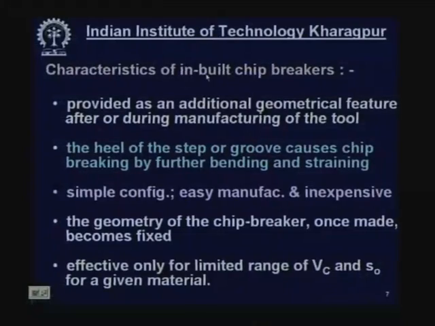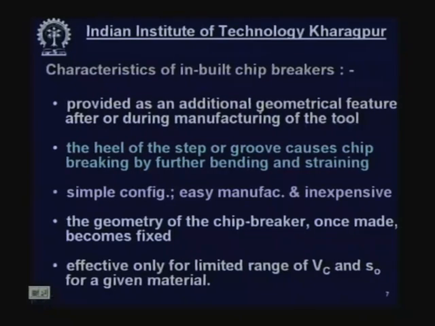Now, let us come to the characteristics of inbuilt chip breakers. Just now you have seen inbuilt chip breakers, which I explained. Now, these inbuilt chip breakers, groove type or step type, are provided as an additional geometrical feature like step or groove after or during manufacturing of the tool.